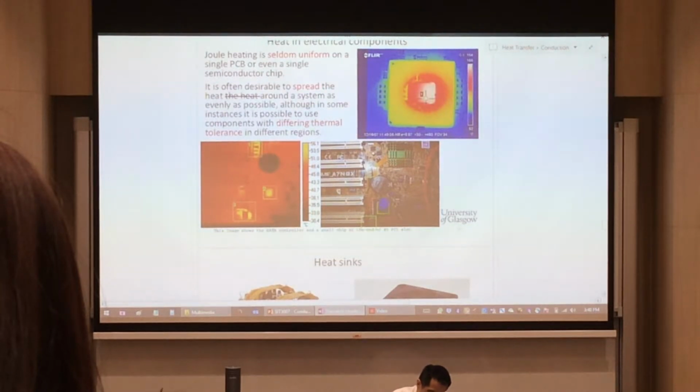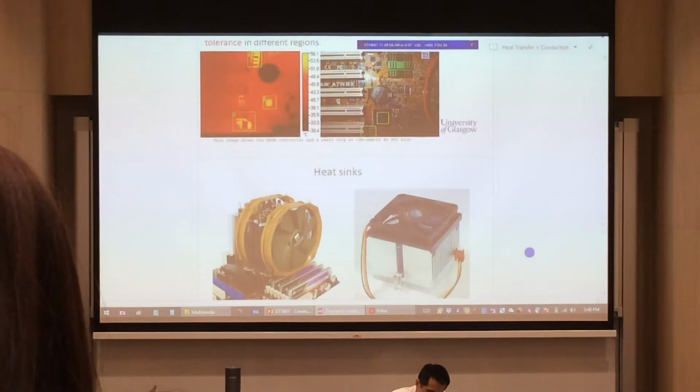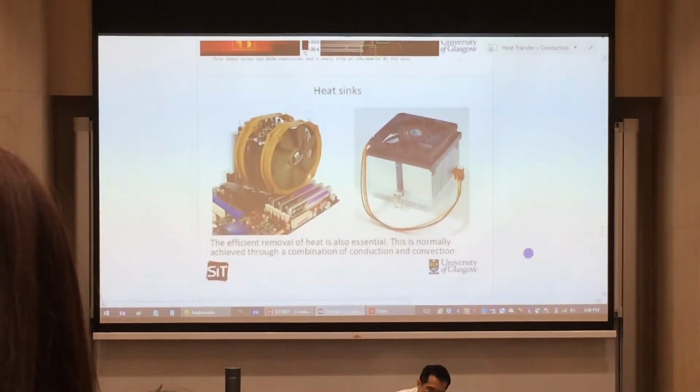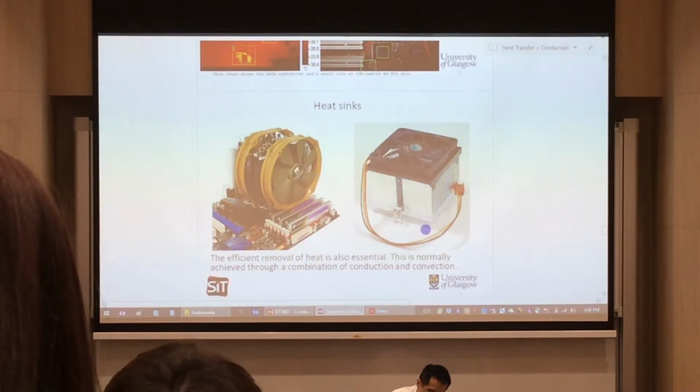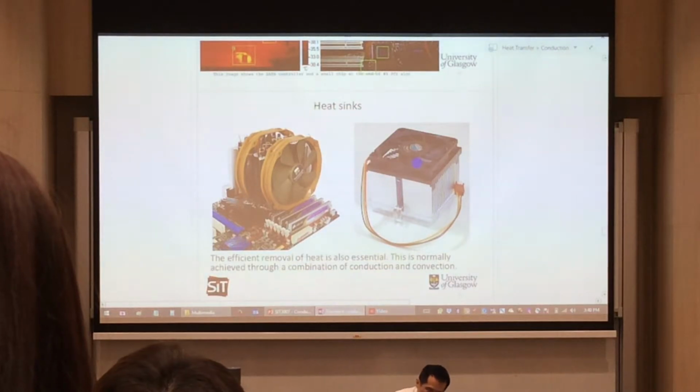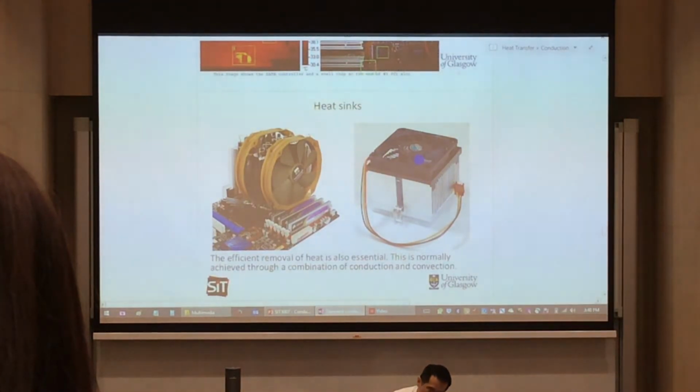So if that localized temperature is going to get too hot, we need to put in something, and if you play with your audio equipment, you would be seeing these heat sinks very frequently. What the heat sink does is to transfer the heat into these cooling fins, and then you have this fan over here to suck out the air so that you can experience forced convection.